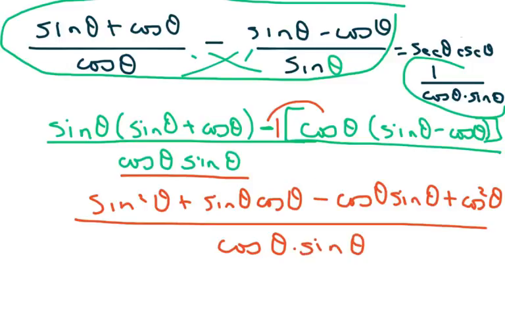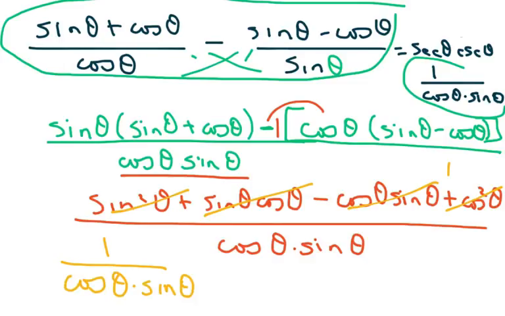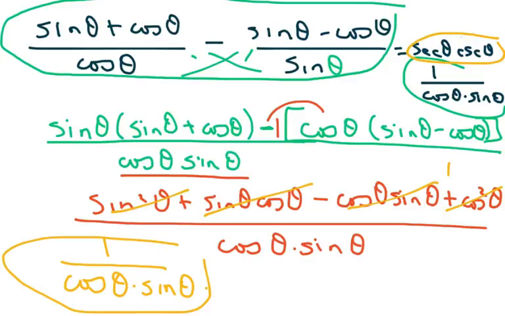Now these two cancel because these are the same, and we already know through our Pythagorean identity that sine squared plus cosine squared is 1. So this equals 1. I can just put 1 there. So this is 1 over cosine theta times sine theta. And as long as you rewrote this, you could just leave it like this. Say this left side equals this right side.